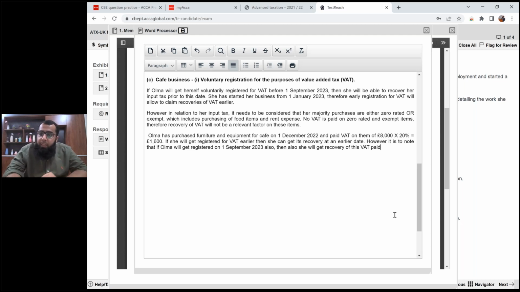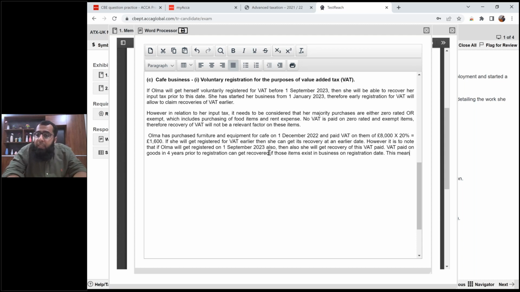However, it is to note that if Alma will get registered for VAT on 1st September 23 also, then also she will get recovery of this VAT paid. Okay, VAT paid on goods in 4 years prior to registration can get recovered if those items exist in business on registration date.